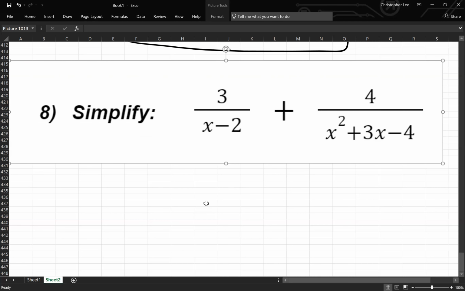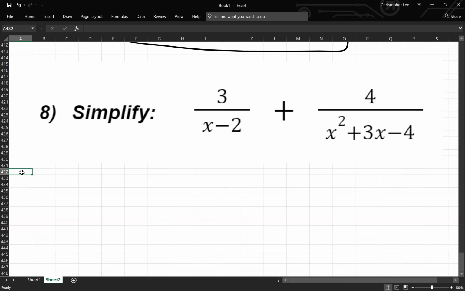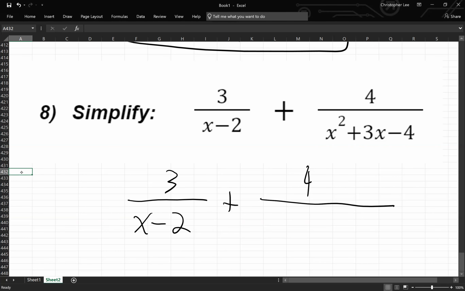All right, what do we think? How do I do this? Factor it. So what do I have now? So I have 3 over, plus, what?